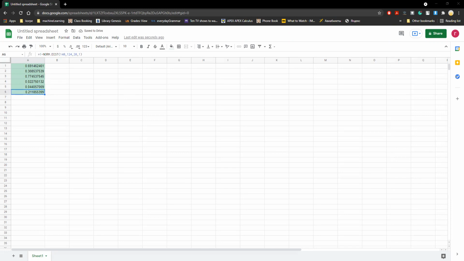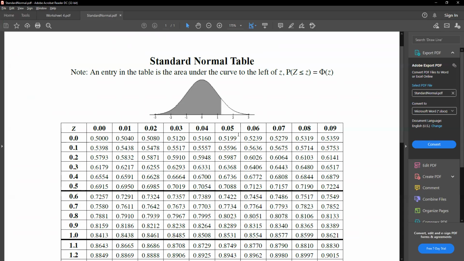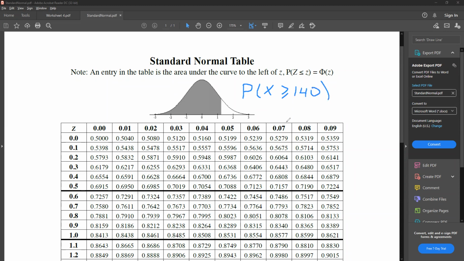Now, if we were to use the standard normal table, then first we need to standardize our value. So right now we need to find the probability that X is greater than or equal to 140. Any ideas how I can use this table to find this value? If you recall, X follows a normal distribution with mean of 124 and standard deviation of 20.